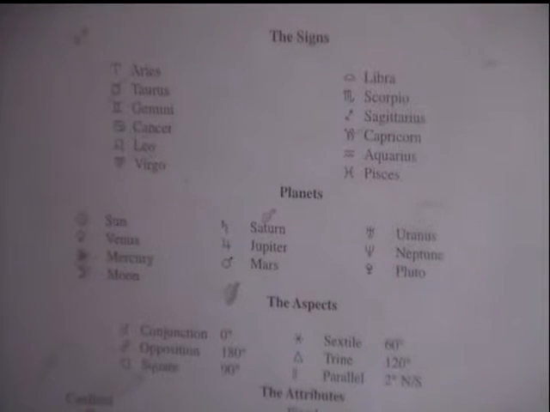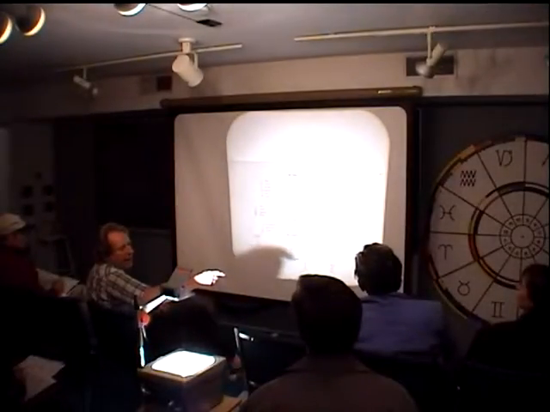This means that in a great circle, if you go all the way around the heavens, you have the same degree of the opposite sign on the cusp.